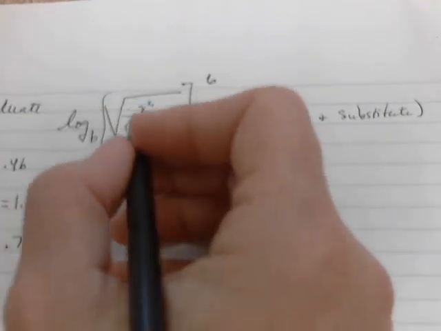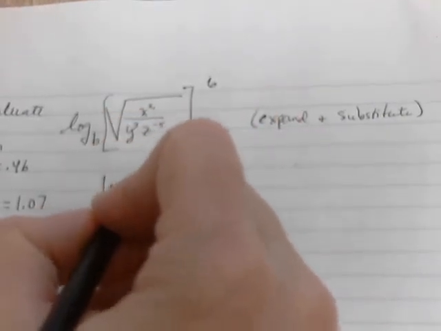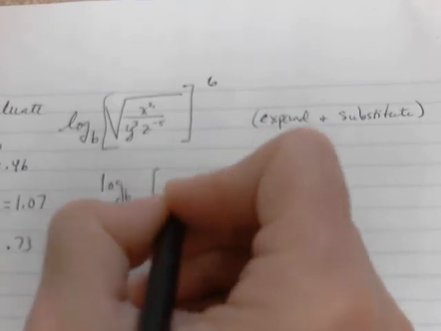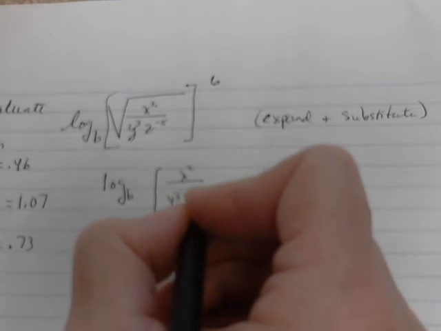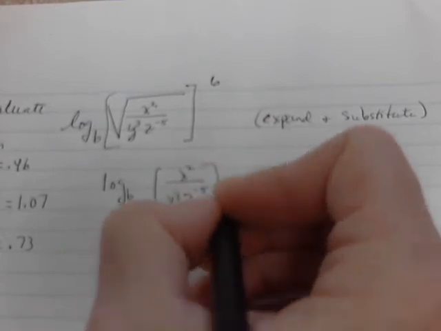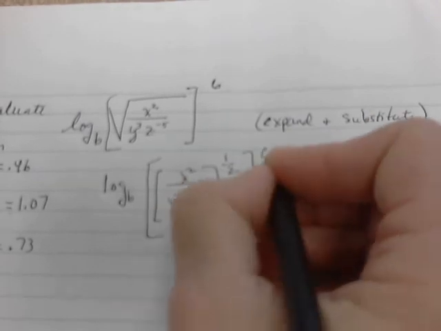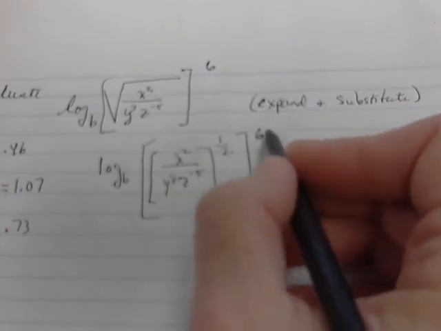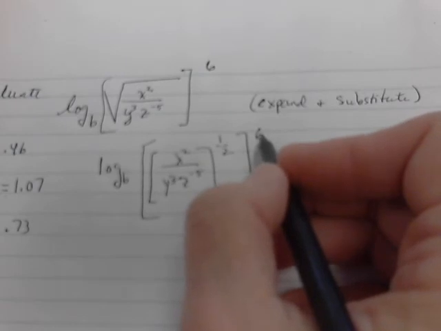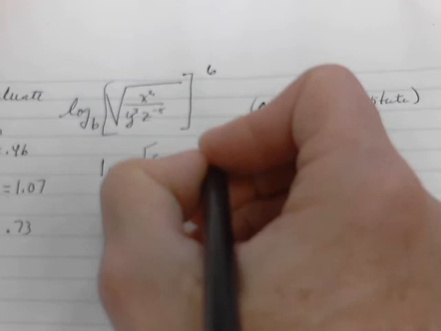So right away I notice that I've got a square root, so that's the 1/2 power. So this is a log base b of x squared over y cubed z to the negative 5th power to the 1/2 power, that's the square root, and that whole thing gets raised to the 6th power. My power rule says that I'm going to multiply those exponents, 1/2 times 6. I'm just going to multiply those together and get a 3.